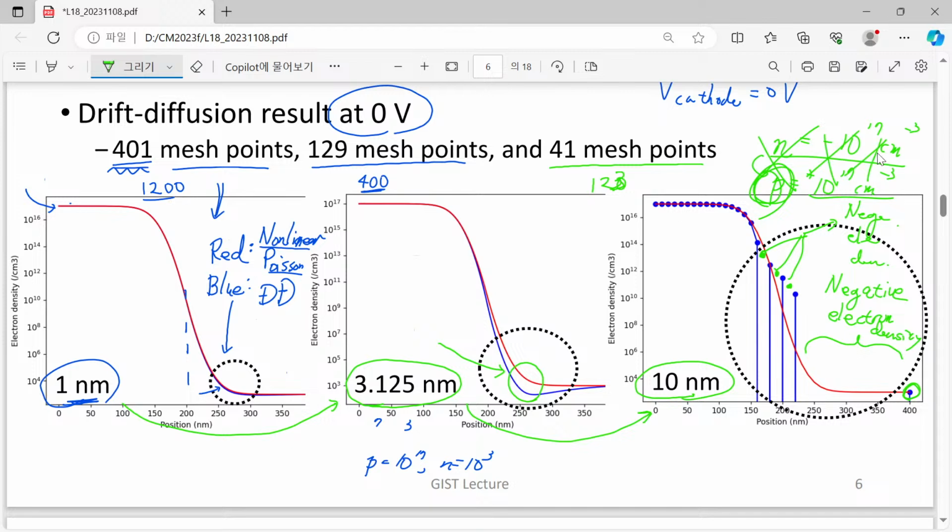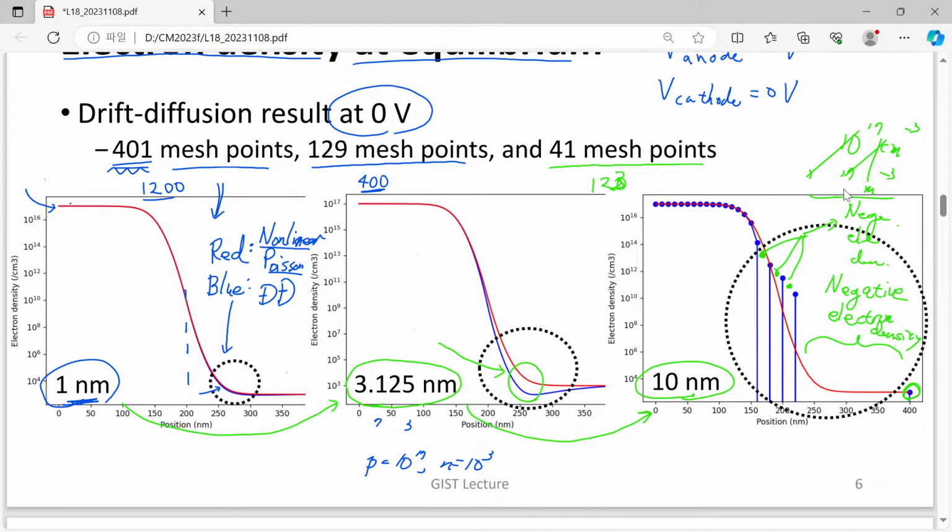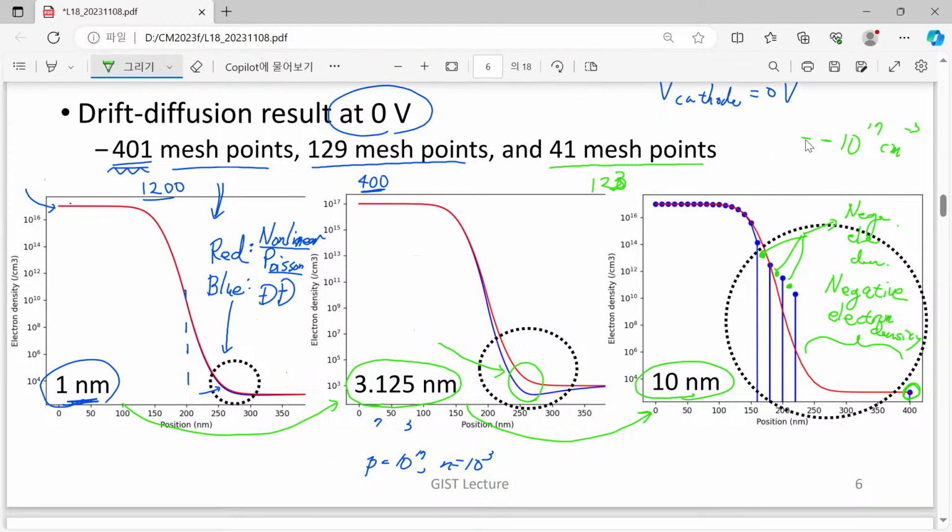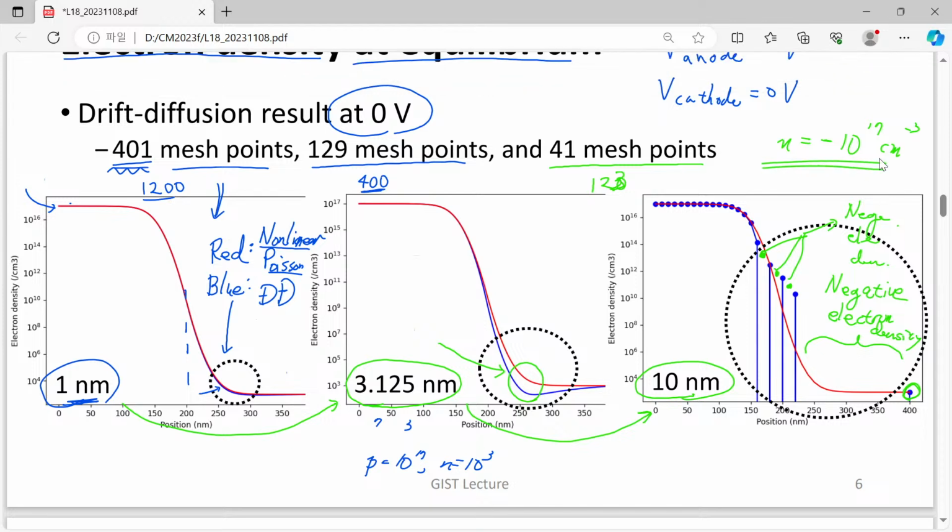They are not related in this way. Simply speaking, your negative electron density just represents the failure of your simulation. Your electron density and hole density should be positive numbers. So when a negative number occurs, it is an indicator of failure.